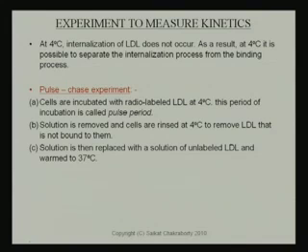Now, but still, why do you think we add the unlabeled LDL? We are not interested in measuring those LDL, but we still want them to be there. Why? What happens if you raise the temperature of the system?